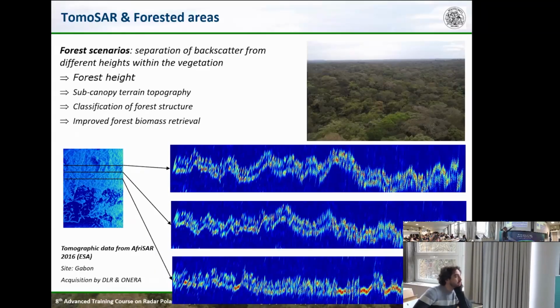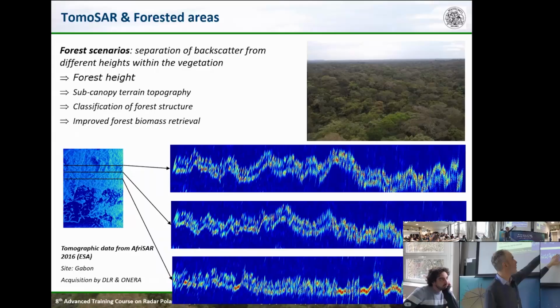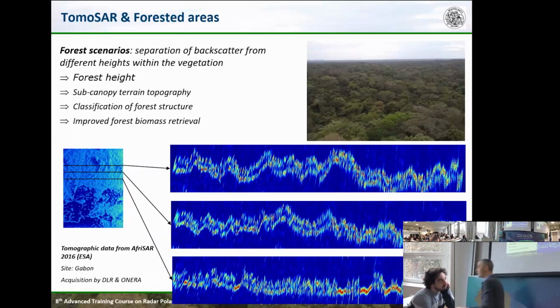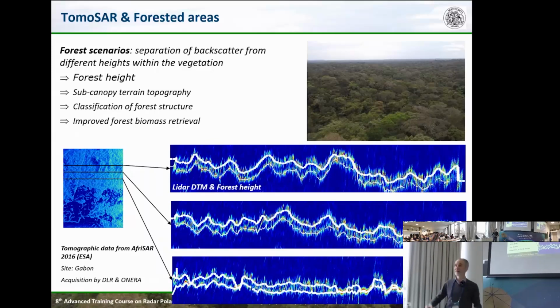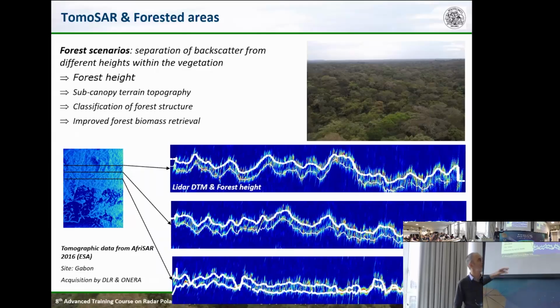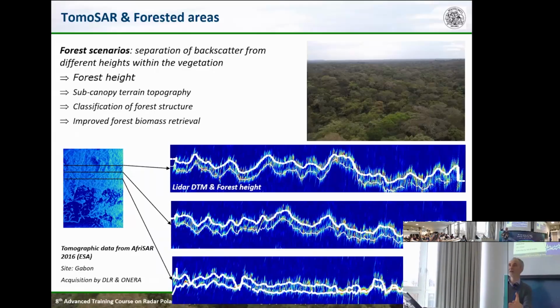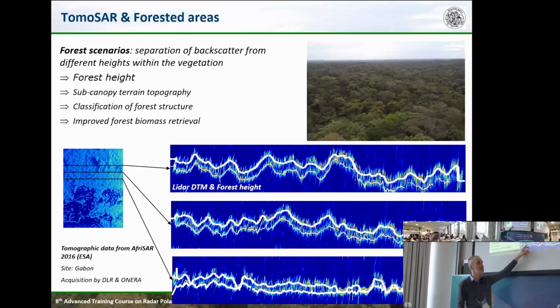And you see, this bottom line here is the ground, whereas the upper line is related to the forest canopy. And you can see how much information we have here. If you compare it with a LiDAR measurement, you see the match. This is the ground as sensed by a high-resolution airborne laser, and this is the canopy.